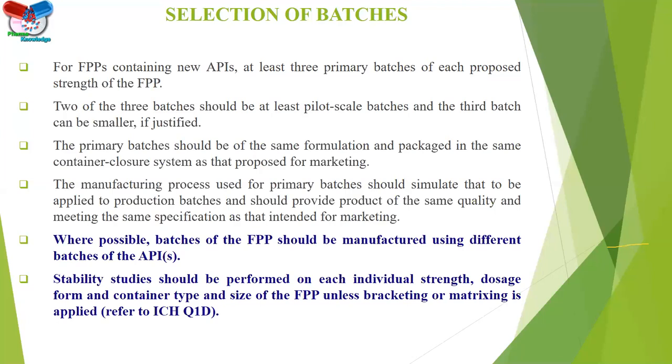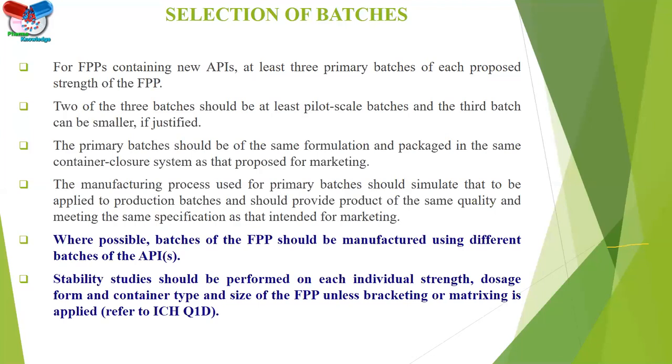Whichever container closure system the business uses, the stability study should be the same. The manufacturing process used for primary batches should simulate that to be applied to production batches and should provide product of the same quality meeting the same specification as that intended for market.